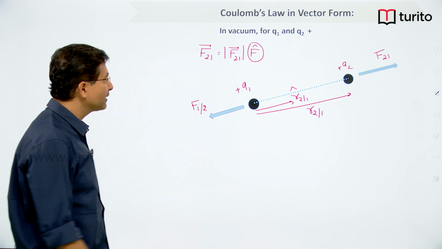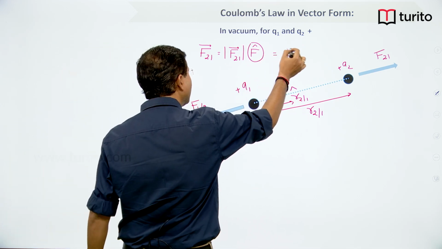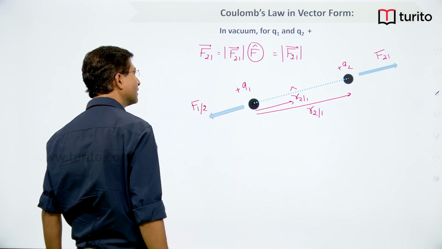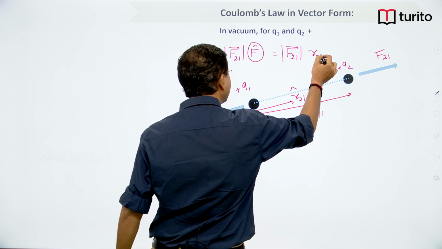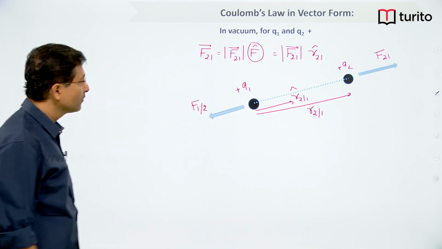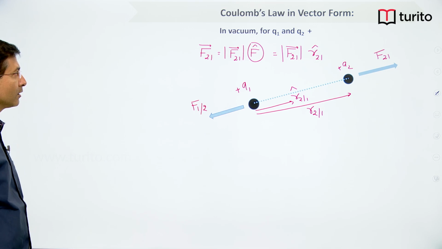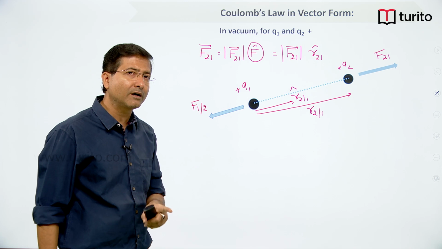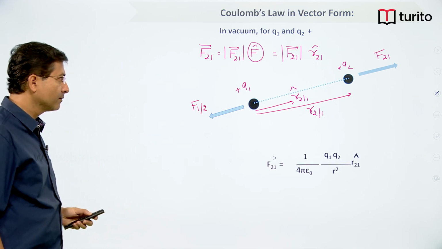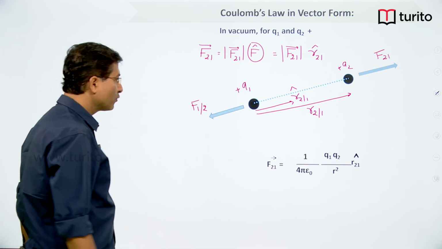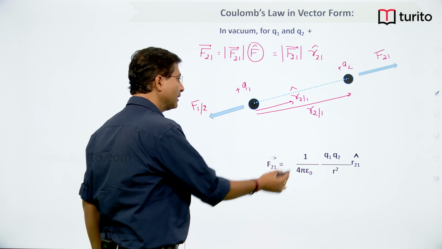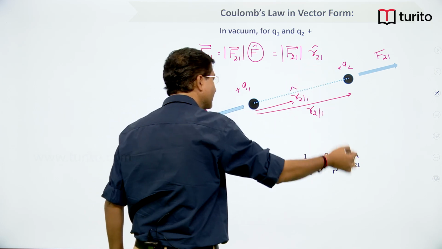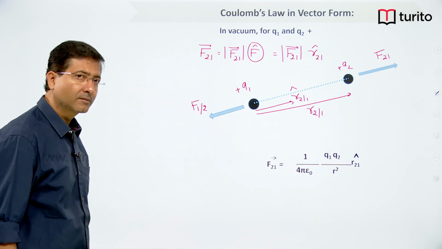So this can be written as F21 vector is magnitude times r21 cap, and the magnitude is nothing but 1 upon 4 pi epsilon naught Q1 Q2 divided by r square. Okay, so the force on the second one by the first one is 1 upon 4 pi epsilon naught, magnitude, and then the direction, right.